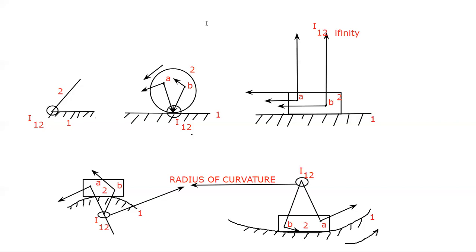And when a slider slides on the surface or link, the instantaneous center will be at infinity. In both these conditions, the instantaneous center will be at the radius of curvature.